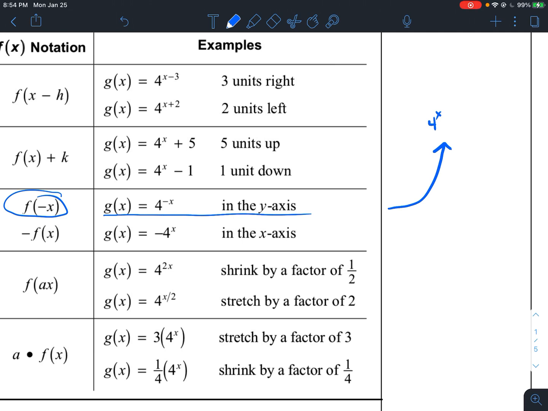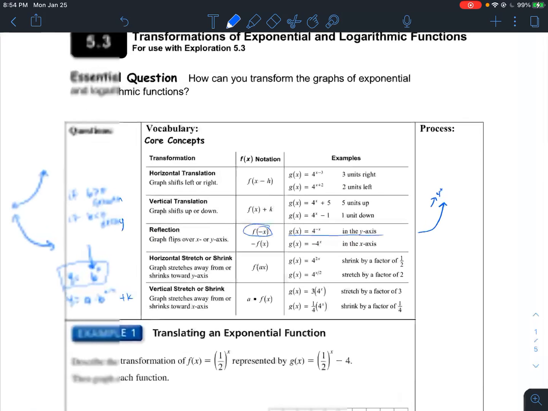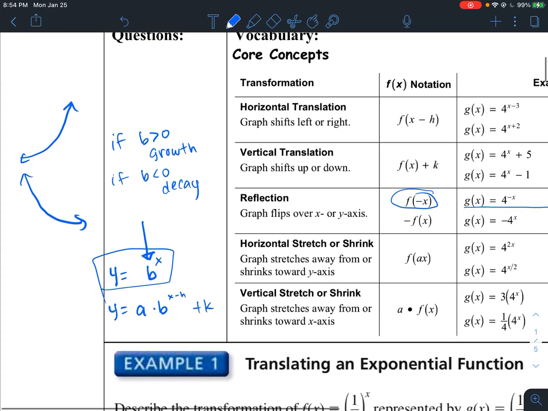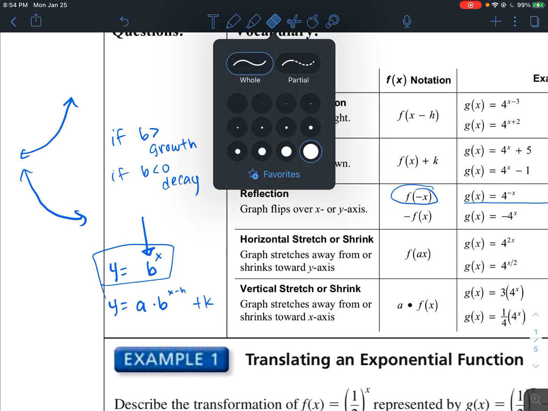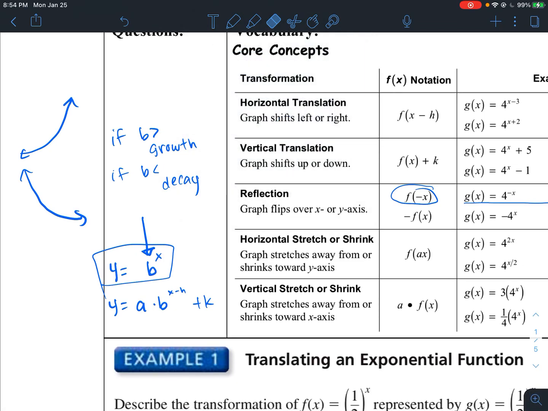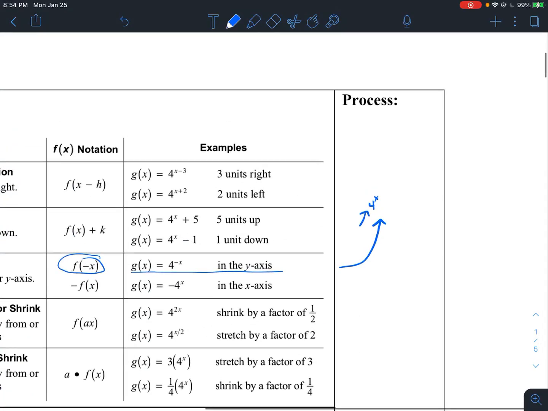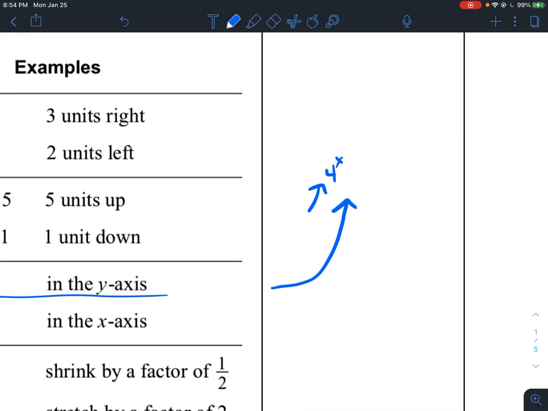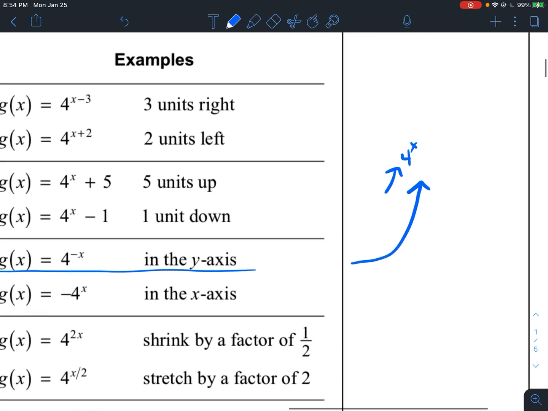But so this is exponential growth because 4 is, sorry, did I say greater than 0? I think it should be 1. We should be writing 1, not 0. So b is greater than 1, b is less than 1. So this obviously is greater than 1, so it's exponential growth.